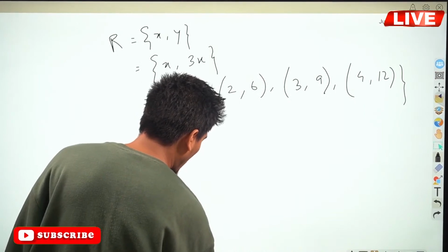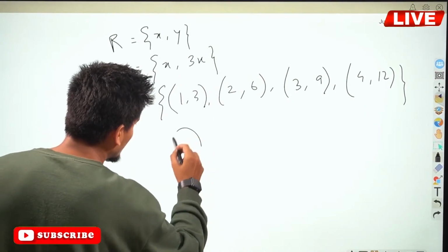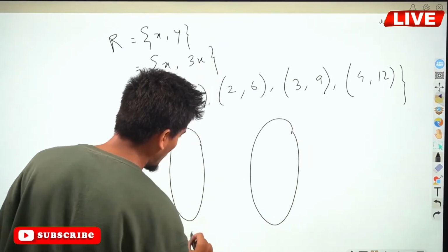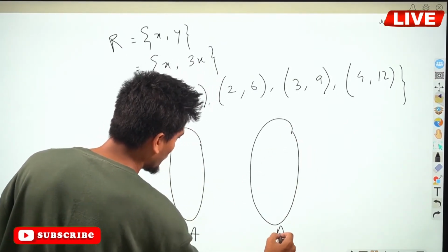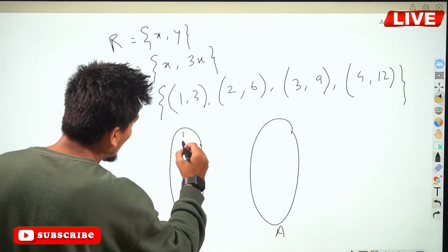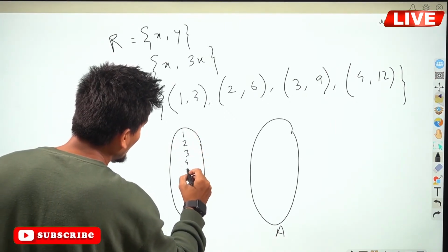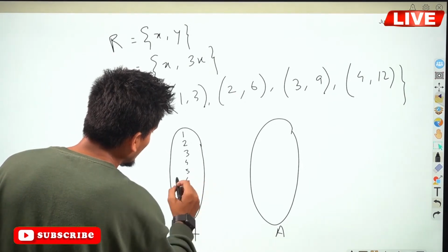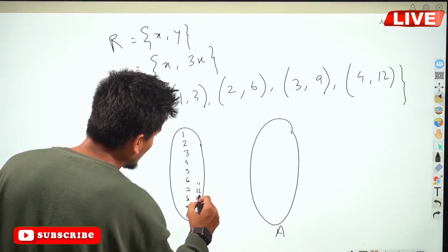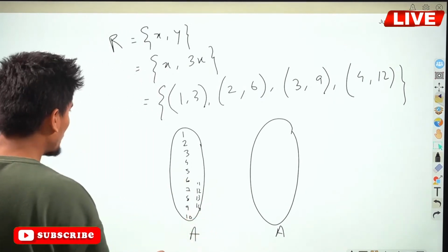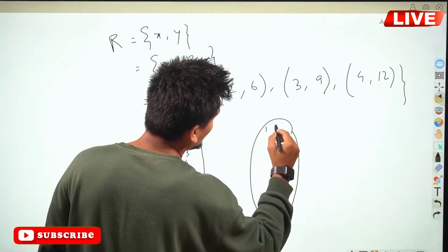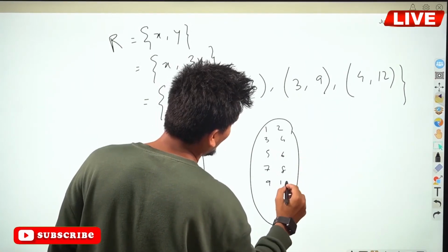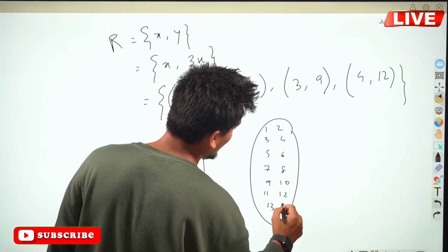Now if I show it like this, this is A to A. Okay. Here we have 1 2 3 4 5 6 7 8 9 10 11 12 13 and 14. Here also we have 1 2 3 4 5 6 7 8 9 10 11 12 13 and 14.